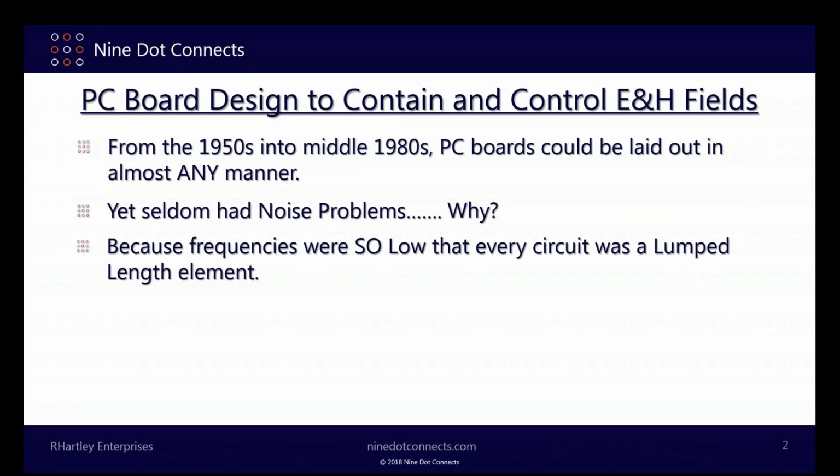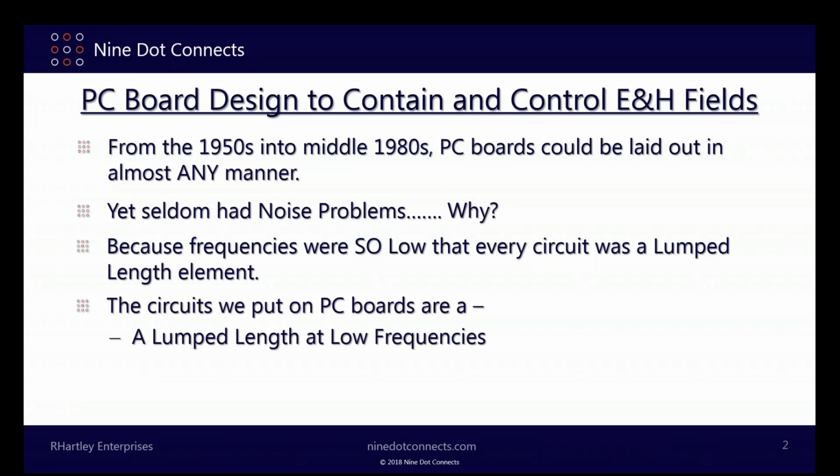Frequencies back then were so low that every circuit on every circuit board was a lumped element. Circuits that we put on boards are basically a lumped element at low frequencies, and they're a distributed element at high frequencies. What does that mean? A distributed element is something that is sensitive to virtually any interaction from other circuits, meaning it's long enough relative to the frequency of what's in the circuit that you need to pay attention to its impedance.